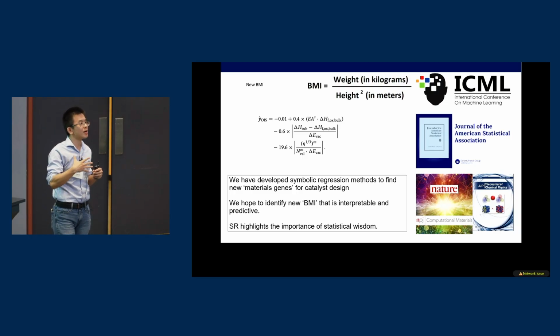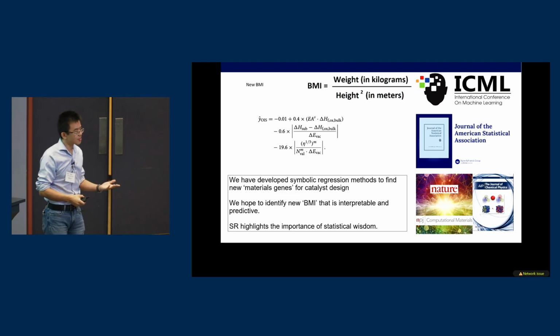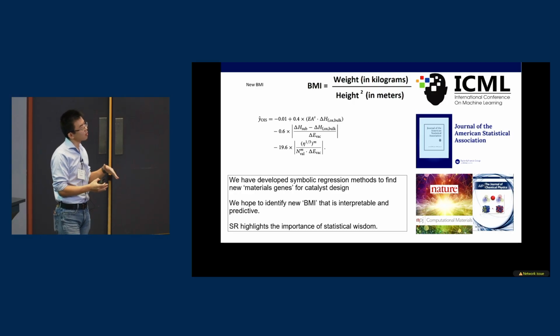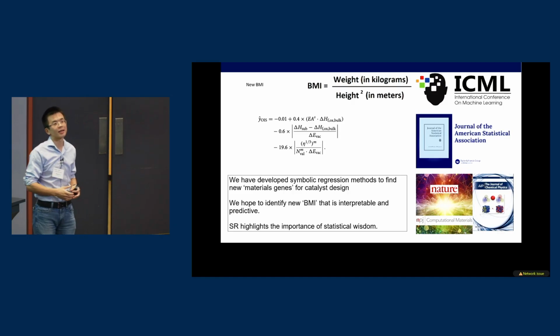What we do is, given massive data, we are able to find formulas like this, highly predictive, and you know what's going on. So it's not a black box, it's very transparent, and you can debug, but it's also highly accurate. We apply this type of technique not only for medical applications, but also for material science. For material science, sometimes engineering a new material is very hard, and you're better off with some magic formula you can use to replace complicated physical laws.